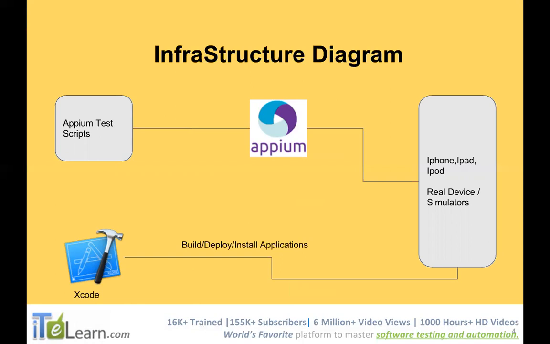We say, find the element, then click here; all these instructions we have written in the Appium test scripts. These test scripts will talk with the Appium server, and the Appium server will redirect these instructions to the iPhone device. At this point, this is a simple flow that you should always keep in mind.